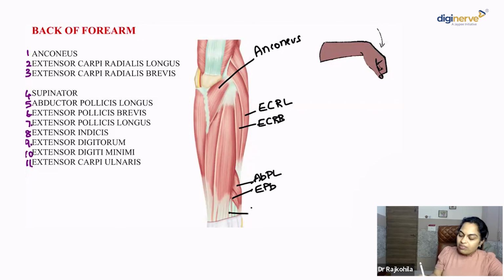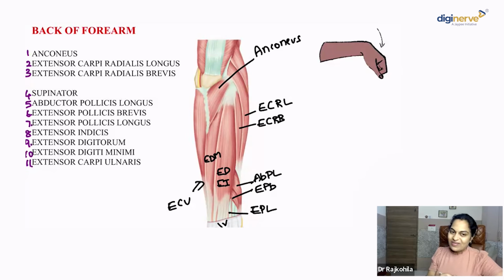One more to the thumb, extensor pollicis longus. Passing through the fourth compartment of the extensor retinaculum, we have the extensor digitorum, extensor indicis. This is extensor digiti minimi and the border muscle, extensor carpi ulnaris.